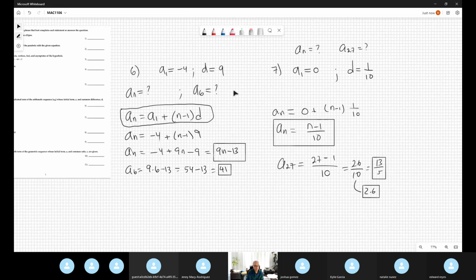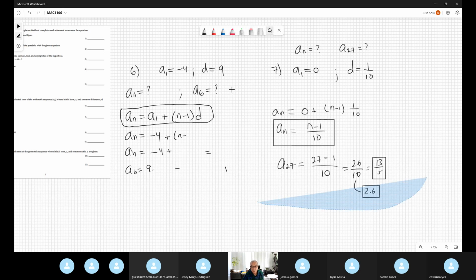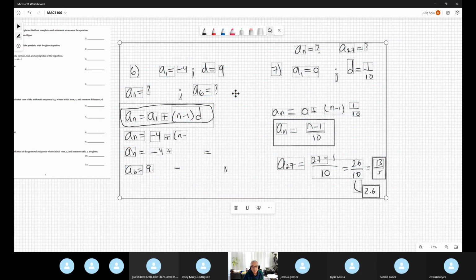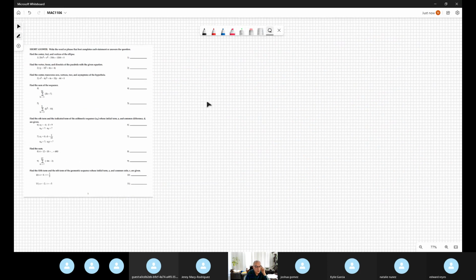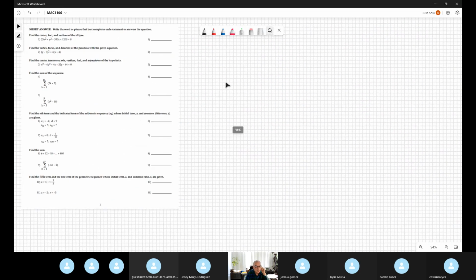Arithmetic sequence. Determine the explicit formula and determine the term. Okay, now let's move on to number 8 and 9. Well, let me erase using this tool, it's better. Okay, number 8 and 9.